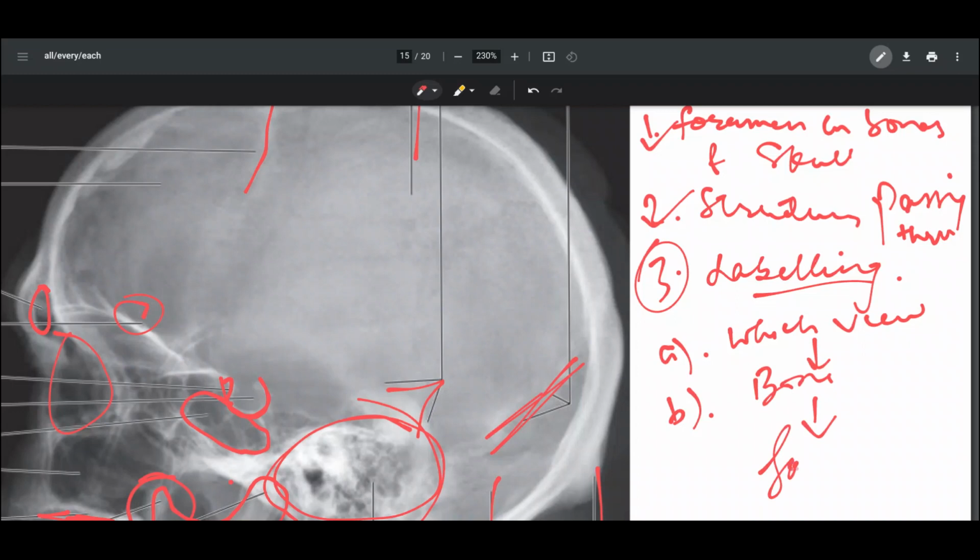And then what are the other foramen or important structures related to that bone. These kinds of questions come. So I have done the anterior and the lateral view. I will continue with the inferior part of the skull, base of skull foramen, and structures passing through it in the next video.